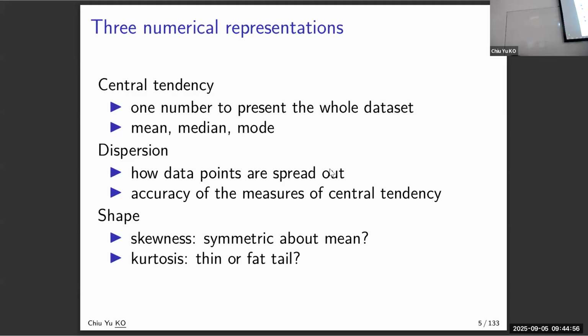Of course, by increasing the sample size, talking to more people and collecting more data, usually the dispersion will shrink, making your guess much more accurate. But we will study these two in great detail for the rest of the semester. Okay.